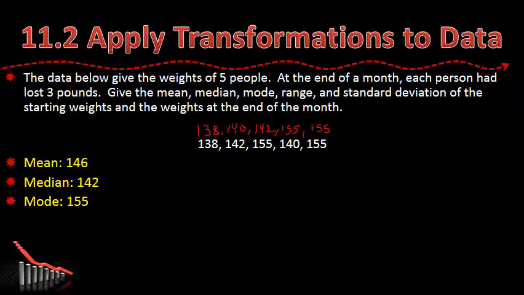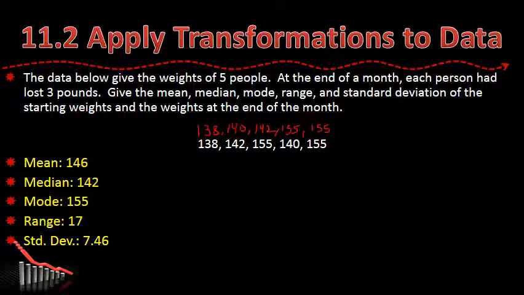The range is the largest minus the smallest, so 155 minus 138 is 17. And to get the standard deviation, put it in the calculator just like the last lesson. And it's 7.46. Now, according to our theorem, if we want to have everybody lose 3 pounds, that means we'd be adding a negative 3 to each number in the data set.